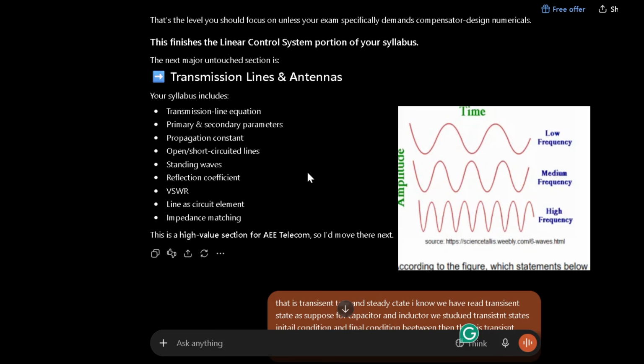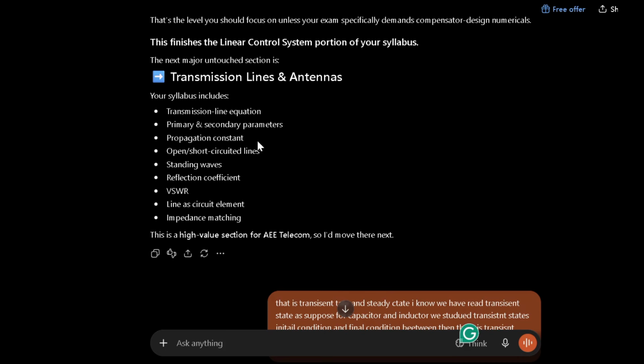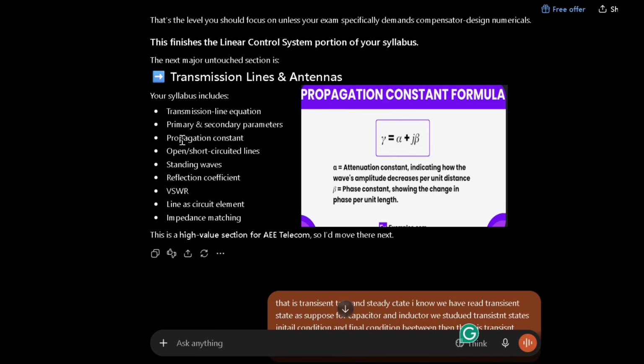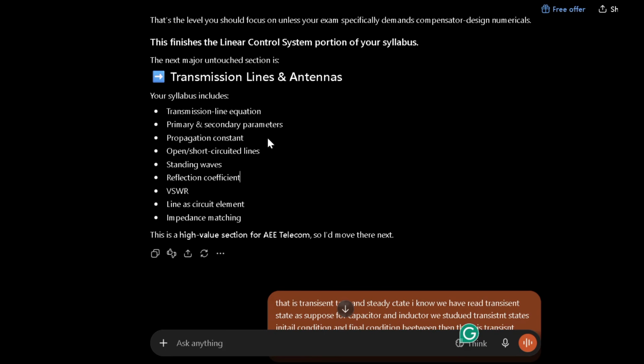Due to the higher frequencies, changes in the electric signal and the magnetic signal occur, and information travels through them. So we have the transmission line equations, primary and secondary parameters, and open and short circuited lines.